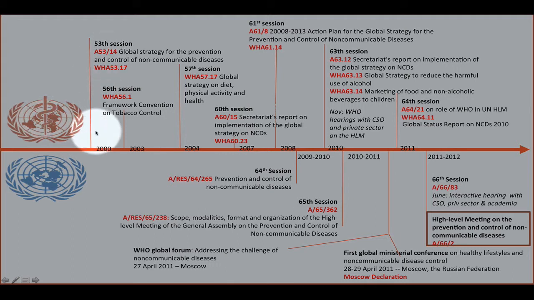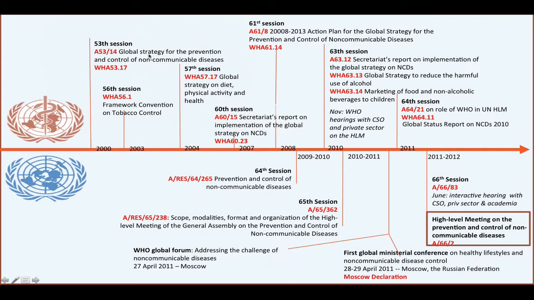And actually this earliest timeline here, looking at the global strategy for the prevention of NCDs, is not necessarily the first step in NCD prevention and control policies. Policies on cardiovascular disease at the WHO go back more than 40 years, I think.